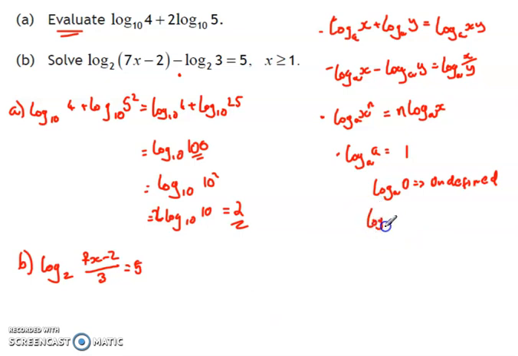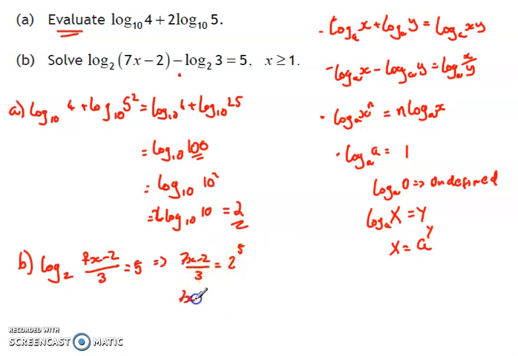Now if we think back to another rule for logarithms, that log to the base a of x equals y, I can write that as x equals a to the power of y. So I can use this rule here and rewrite that as 7x minus 2 over 3 is equal to 2 to the power of 5. Now I've got an equation just in terms of numbers. I can solve it from there. 2 to the power of 5 is just 32.